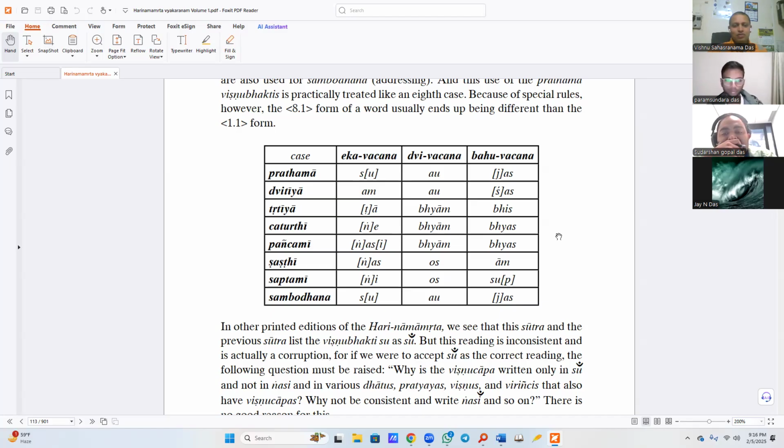The last one is the same as the first one. So Su, Au, Jas, Am, Au, Shas, Ta, Bhyam, Bhis, Nge, Bhyam, Bhyas, Ngasi, Bhyam, Bhyas, Ngas, Os, Am, Ni, Os, Sup.